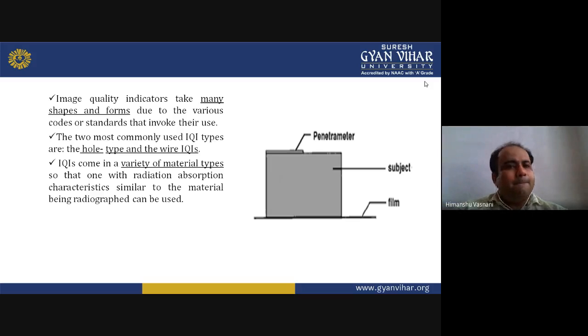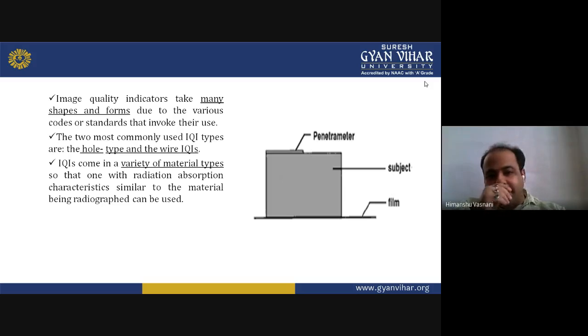There are many shapes and forms, but to be precise, the two most commonly used image quality indicator types are hole type and wire image quality indicators.